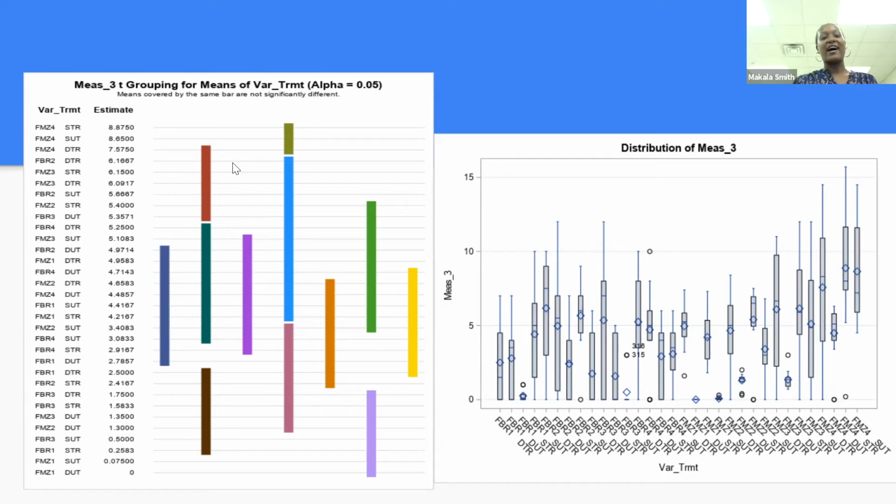With Duncan graphing, okay, feminized at 5. I also want to mention as well that feminized does better across the board than fiberized did. As we discussed earlier, feminized is all female, while fiberized is a 50-50 mix.